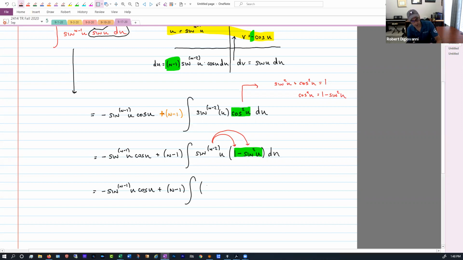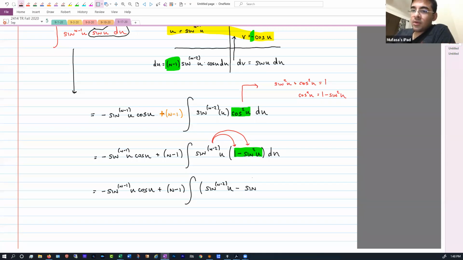So if I distribute, I'm going to get sine to the n minus 2 of u minus sine to what power? Cube. What do you do to those powers? You add them, right? N minus 2 plus 2. What's n minus 2 plus 2?